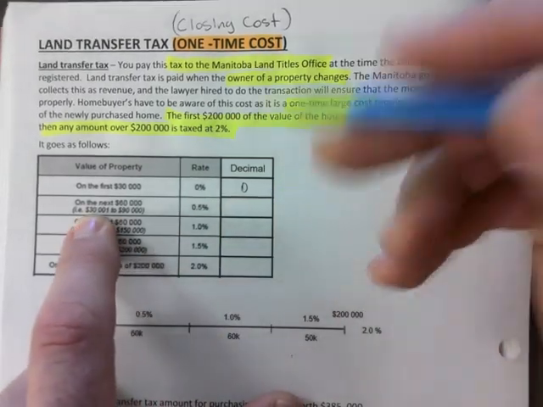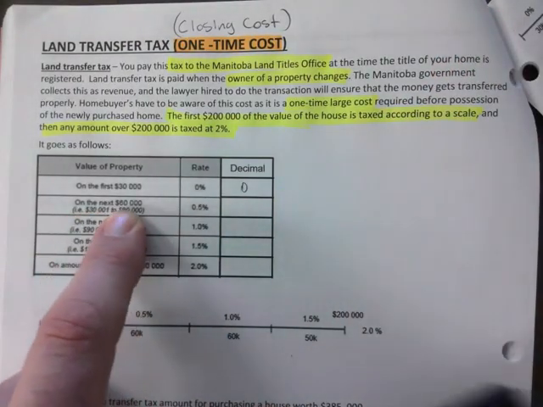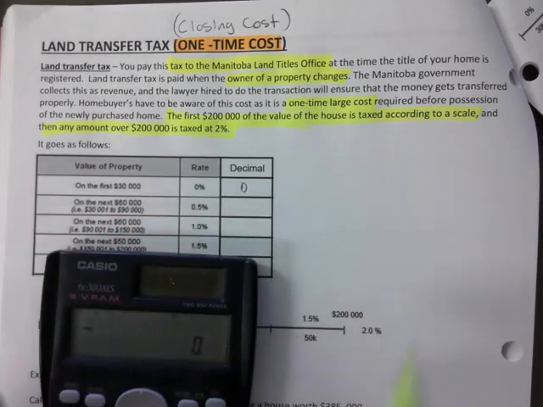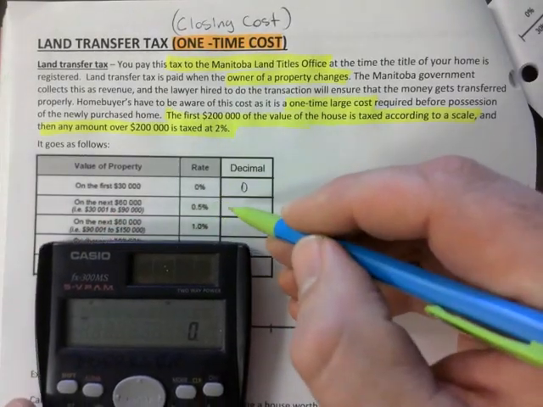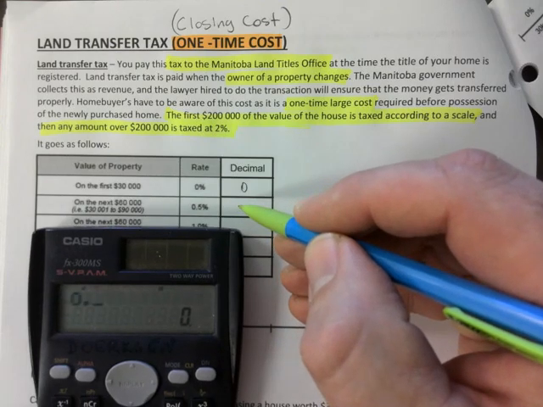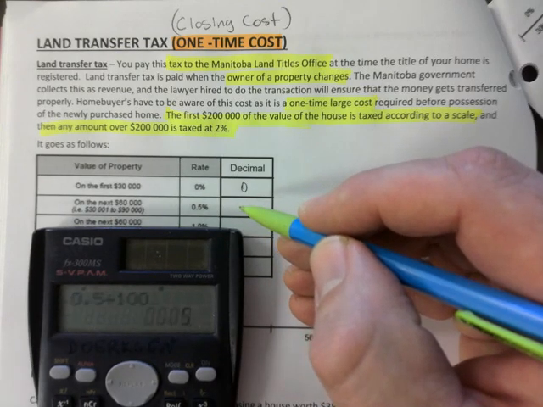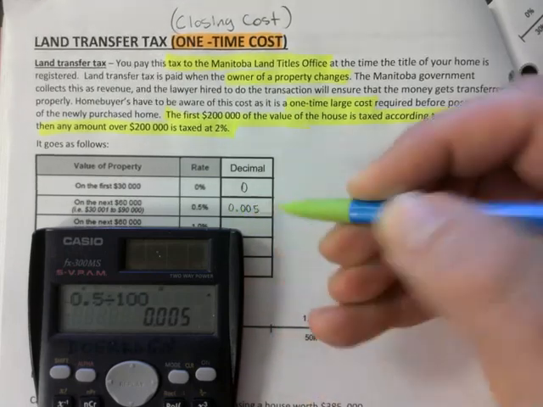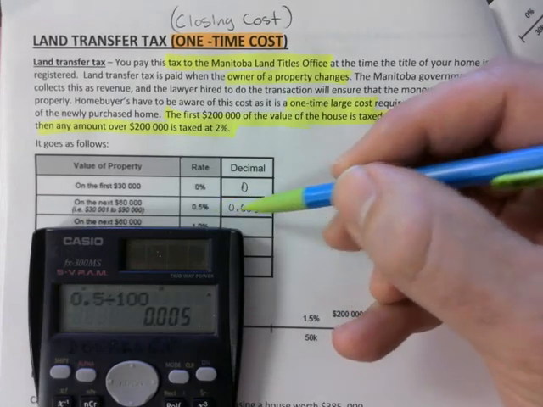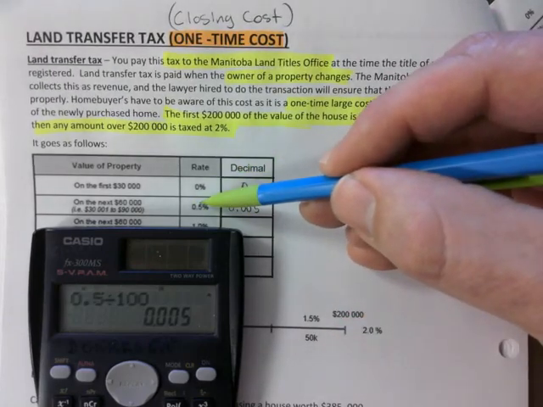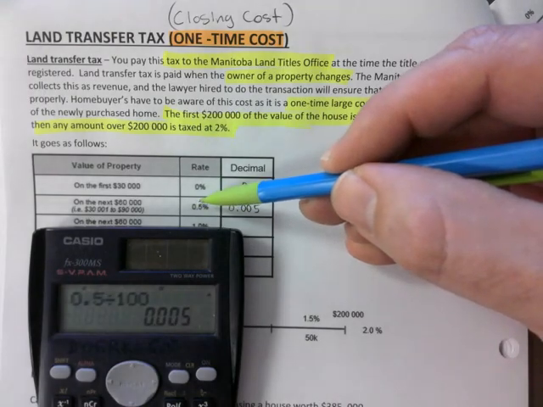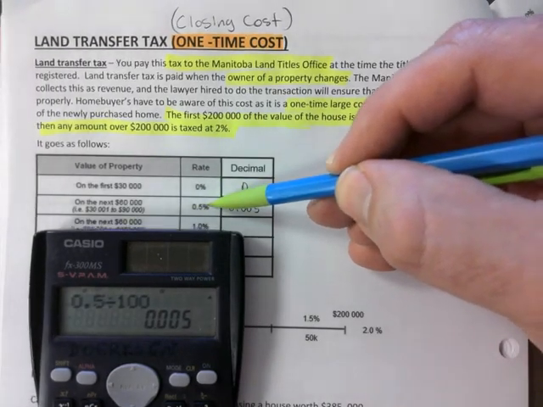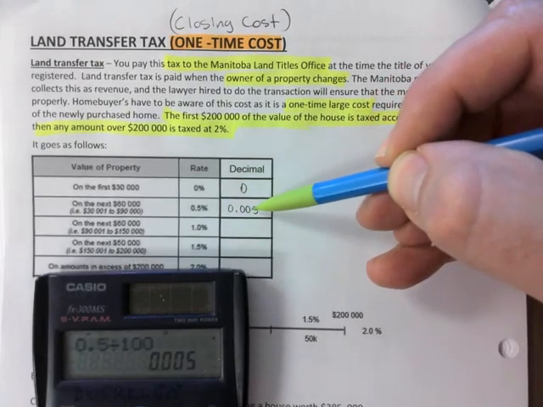The tricky part is that the next $60,000 of value is taxed at 0.5%. What is that as a decimal? 0.5 divided by 100 is 0.005. This is the biggest mistake students make: they just take the 0.5 because it's a decimal. But there's a percent sign behind it, so you need to divide it.